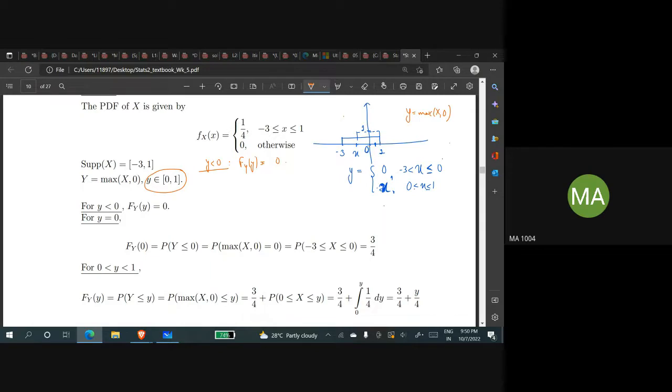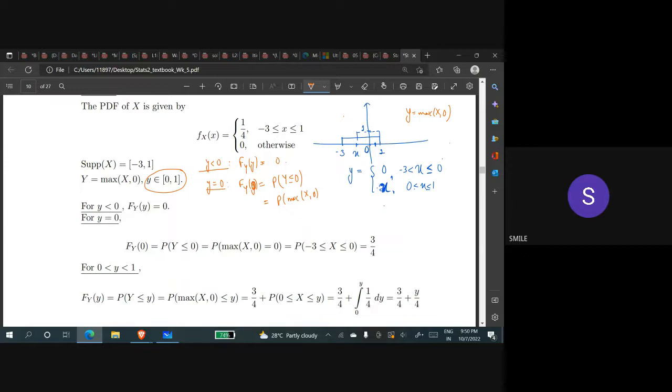But what happens when y equals 0? It is 0 only. Just check. So F_Y of 0, you're finding F_Y of 0, so basically you're trying to find the probability that y is less than or equal to 0. And y is defined as the maximum of x comma 0.